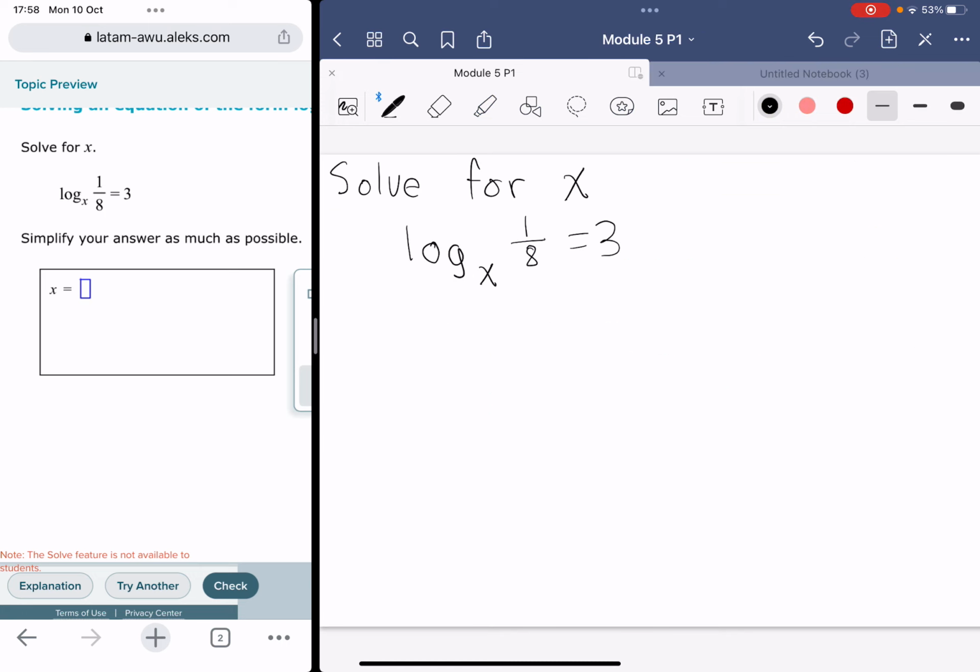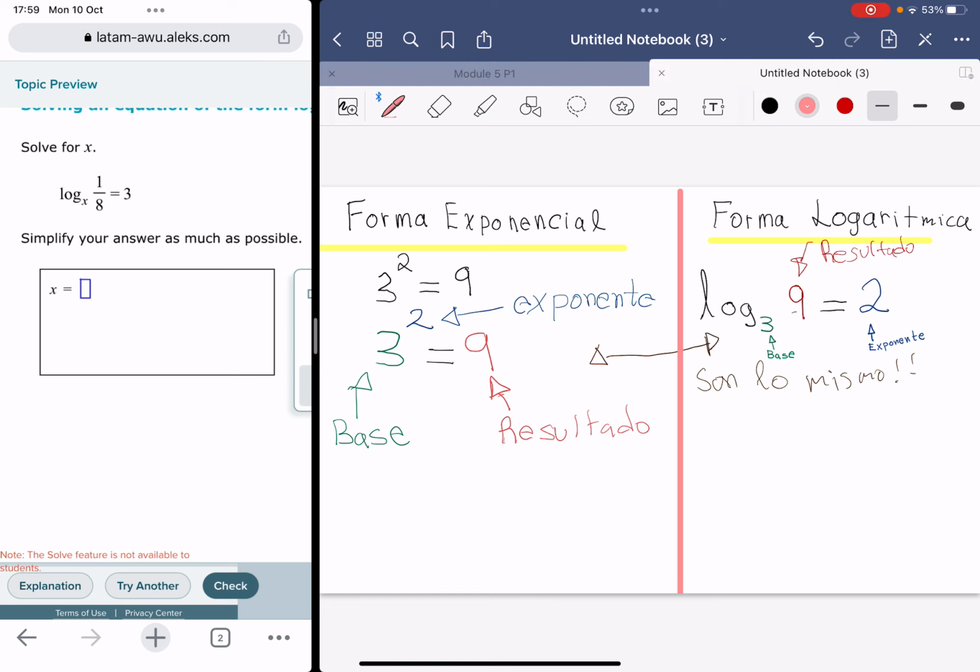But in this case, notice that I have it in the logarithmic form. But for the sake of this exercise, I don't want it as a logarithmic. I'd rather have it as an exponential, because when I have it as an exponential, I will be able to solve easier.